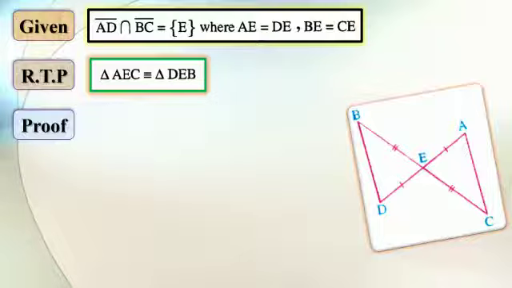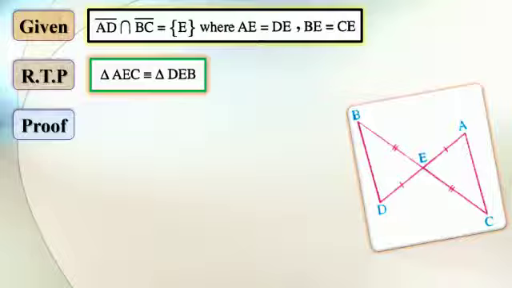Okay, number 1. AD intersects with BC at E, okay? Then the measure of angle AEC equals the measure of angle DEB as vertically opposite angles, okay?